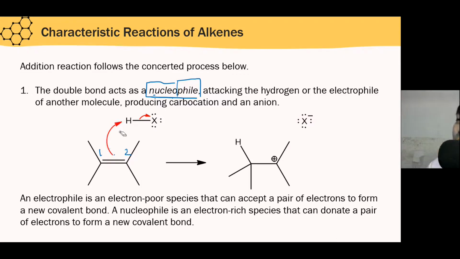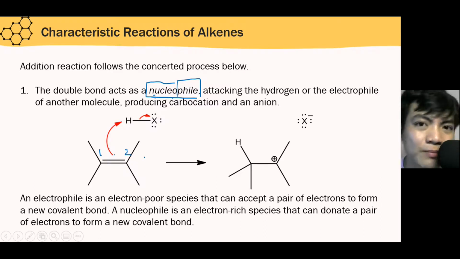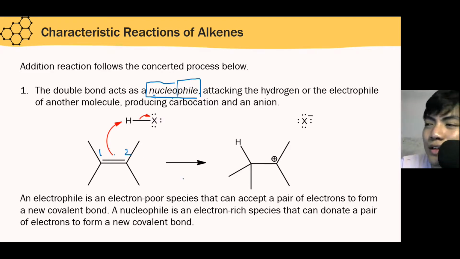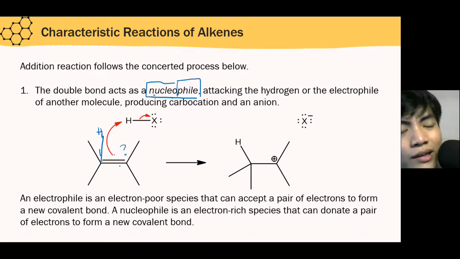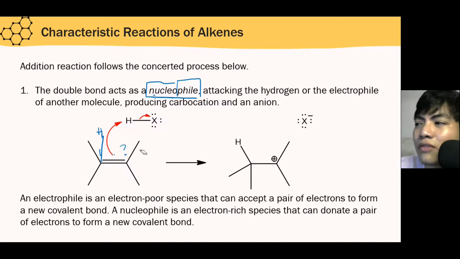Now, this is the dilemma. Where will the hydrogen go? Is it 1 or 2? In our case, let's skip that for now because we will show it later. Let's say the hydrogen attaches to 1. So what will happen? The carbon where the hydrogen attached is complete. The other carbon is missing an atom, missing a bond. When your carbon is missing a bond, we call it a carbocation.